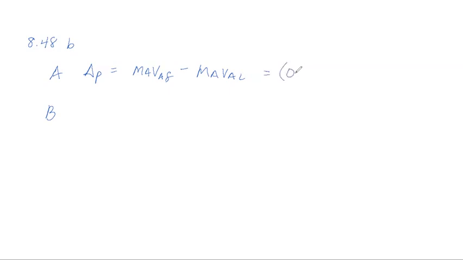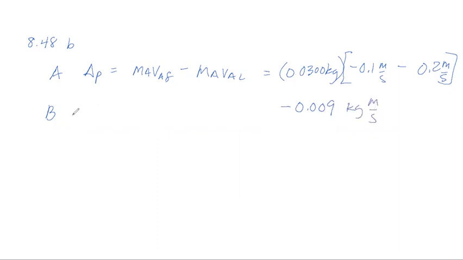M_A is 0.0300 kg times negative 0.1 meters per second minus 0.2 meters per second. And my answer there is going to be negative 0.009 kilograms meters per second.